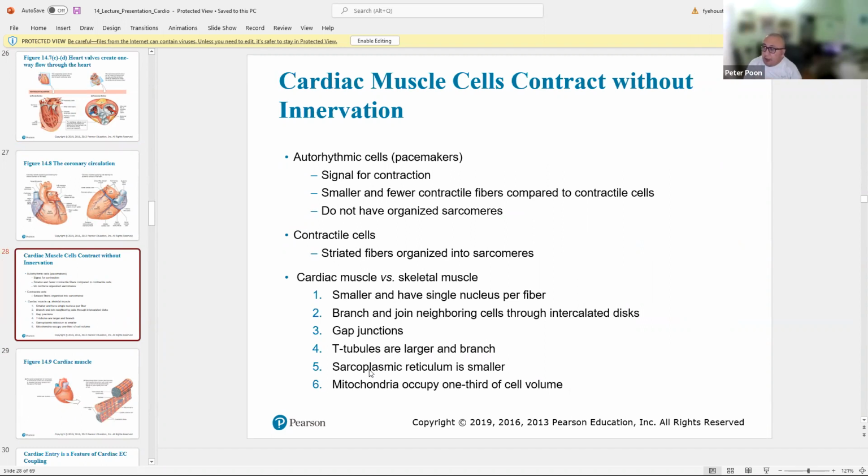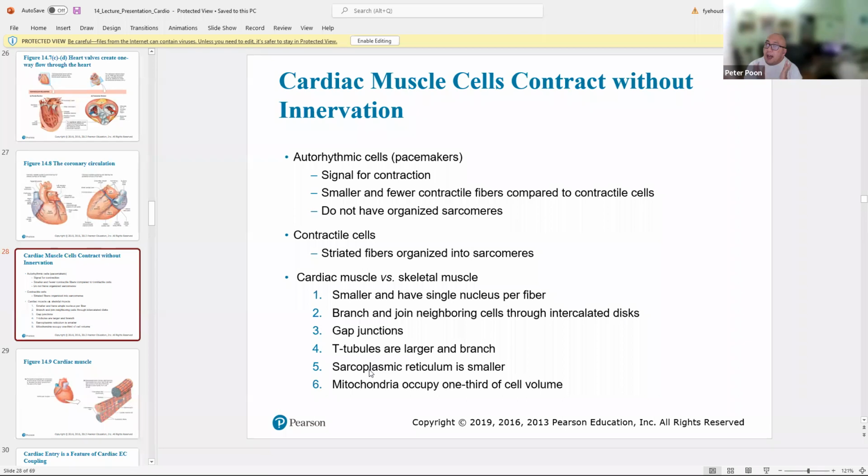The first thing I'm going to go over with you guys is the cardiac muscle cells and how they actually function. First of all, cardiac muscle cells can contract without innervation. This is very different than skeletal muscle, which does not contract without innervation.